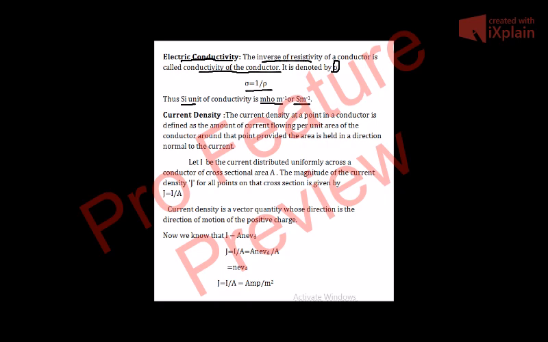Now current density. The current density at a point in a conductor is defined as the amount of current flowing per unit area of the conductor around that point, provided the area is held in a direction normal to the current.